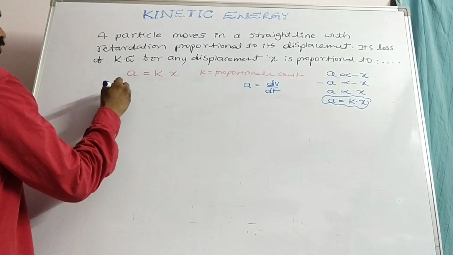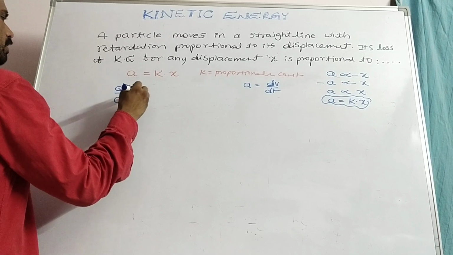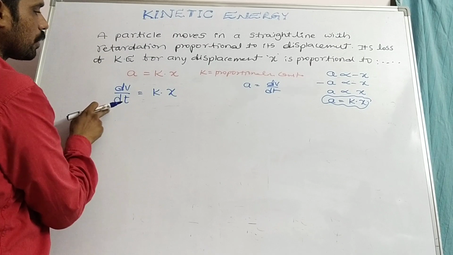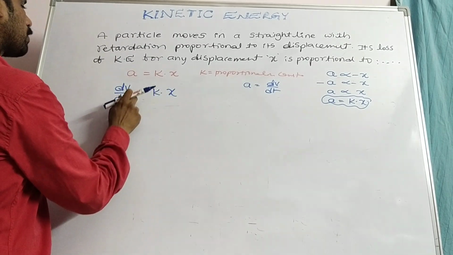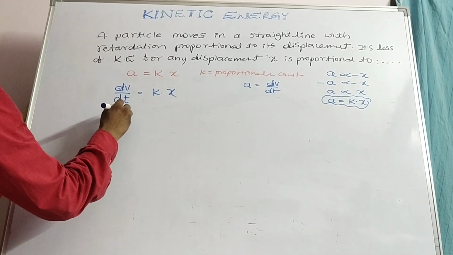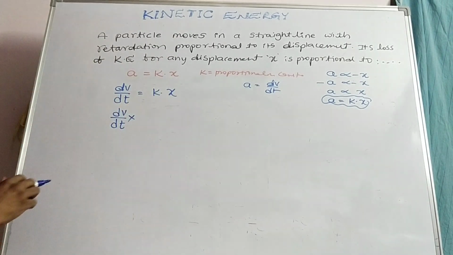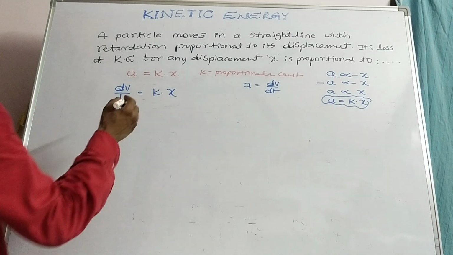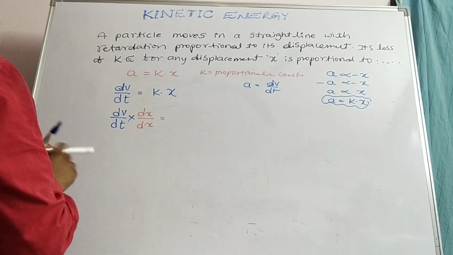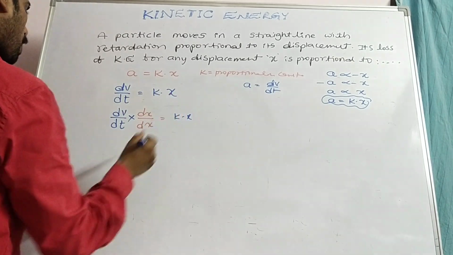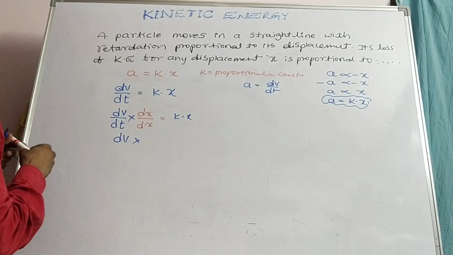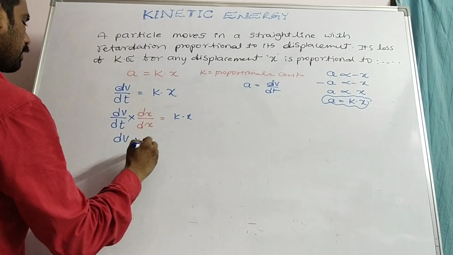So dv by dt is equal to k into x. As the rate of change of velocity is to be in terms of x, we have to convert it. So we can multiply this expression by dx by dx, that is equal to k into x.